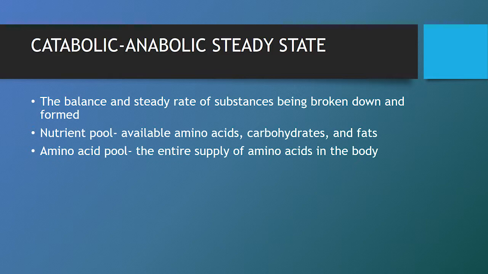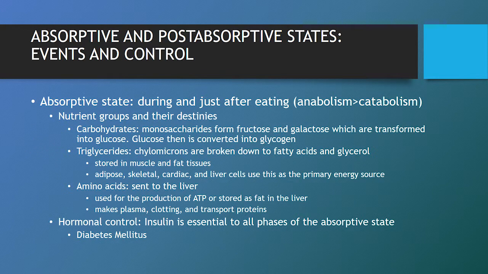The absorptive and post-absorptive states, events and controls. The absorptive state is during and after eating, when the anabolism rates are higher than the catabolism, and nutrient groups and their destinies. Carbohydrates are monosaccharides: glucose, fructose, and galactose, which are transformed into glucose, which is then converted into glycogen.